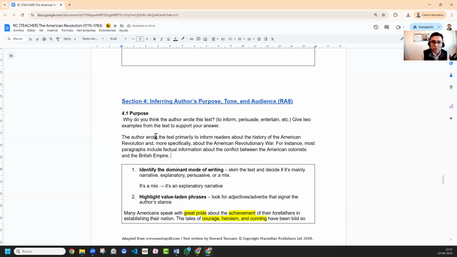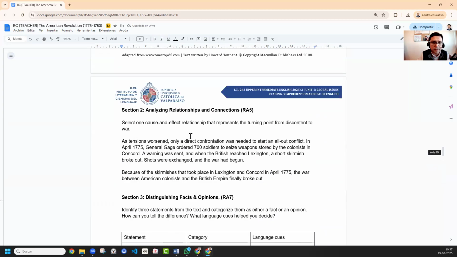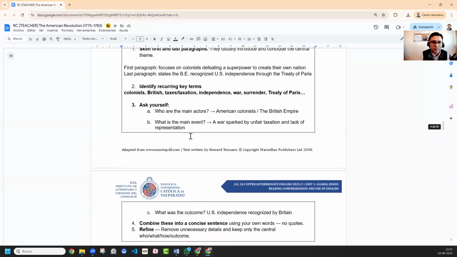Okay, so we need to show examples. The final sentence of the text, which reads, okay, now we will introduce a quote here. We will just copy and paste it for the sake of time.